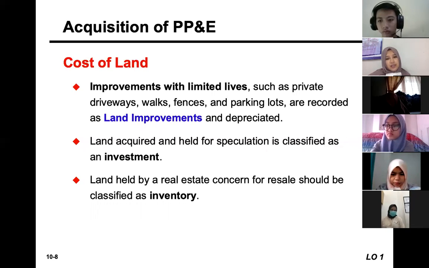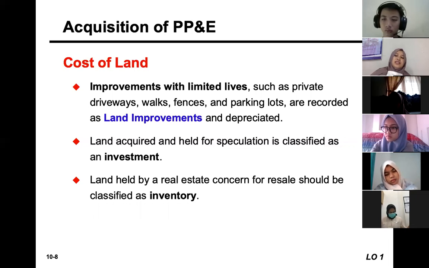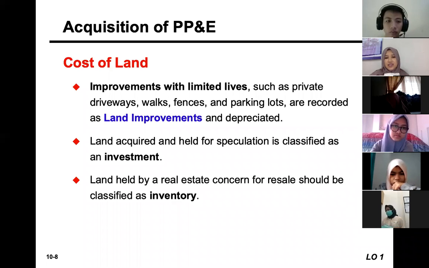Okay, land held by a real estate company for resale is instead classified as inventory. Why? For the real estate business, they buy the land, they are selling and purchasing the land. So land is basically their merchandise. That's why it's included in inventory.